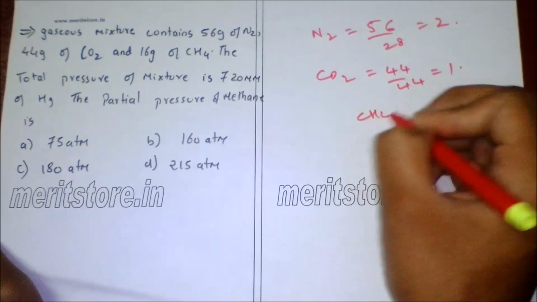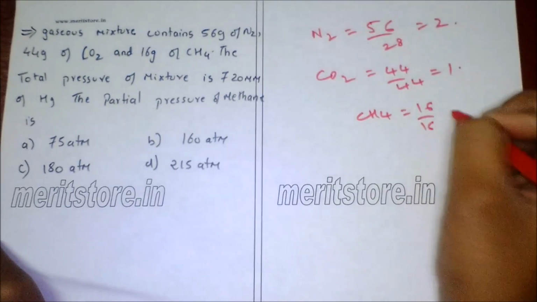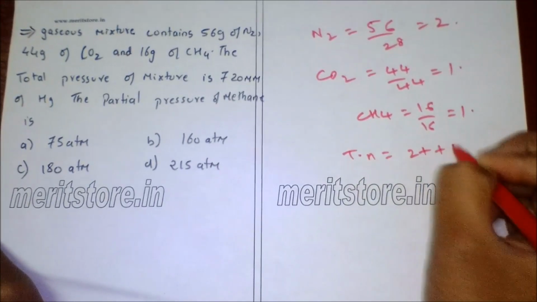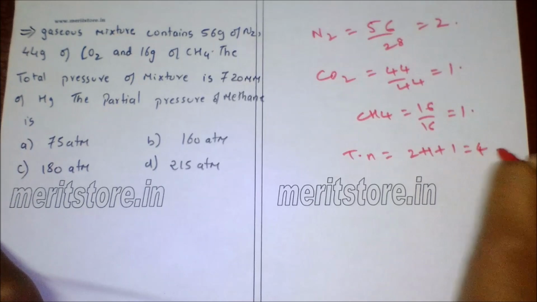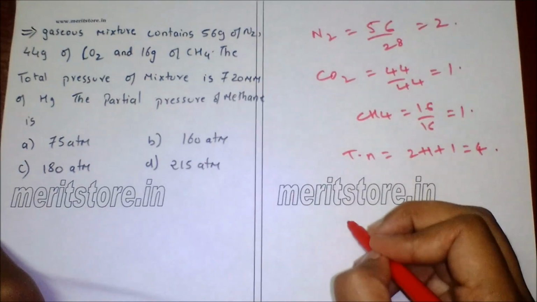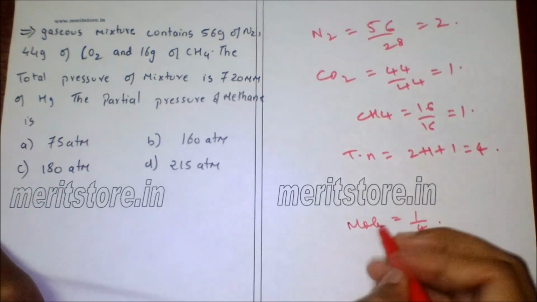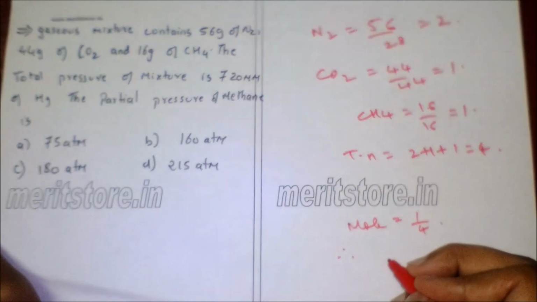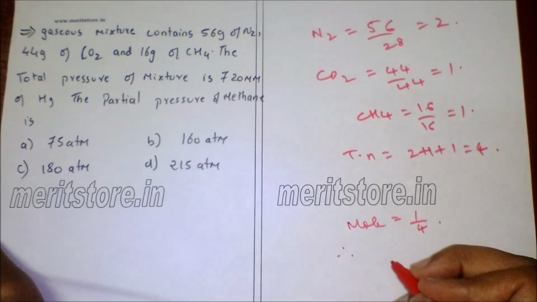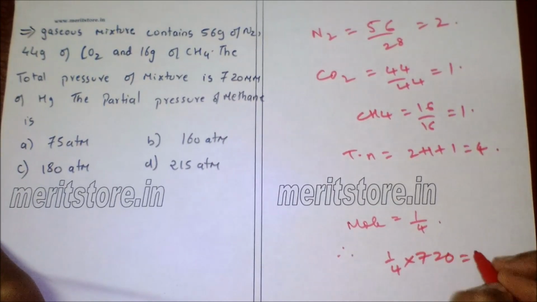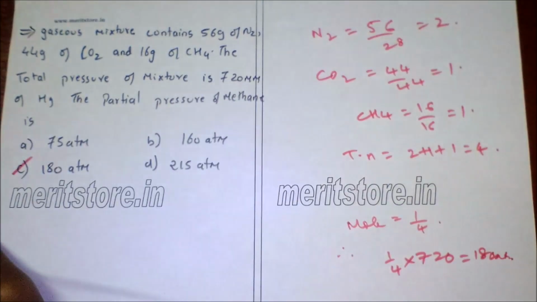And for methane it is 16 by 16, which is also 1. So total number of moles is 2 plus 1 plus 1, which is 4. Mole fraction of methane is 1 by 4. Therefore, partial pressure of methane is mole fraction into total pressure. So 1 by 4 into 720 comes out to be 180 atmosphere. So option C is the correct answer.